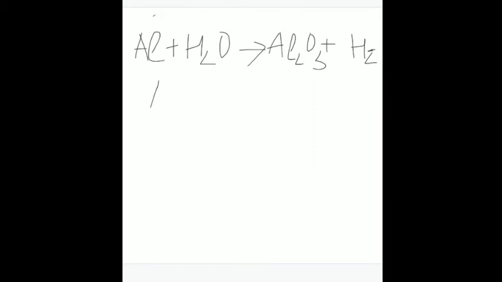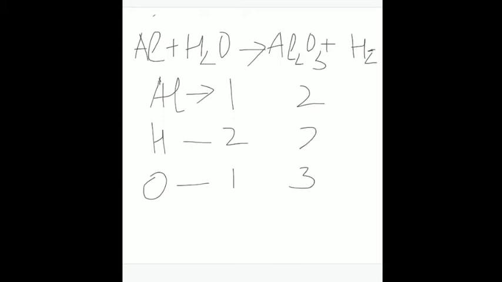So here the number of aluminium atoms are how many? 1. Hydrogen is 2. Oxygen is 1. Here aluminium is 2, oxygen is 3 and hydrogen is 2. You can see that only hydrogen atoms are equal on both sides.